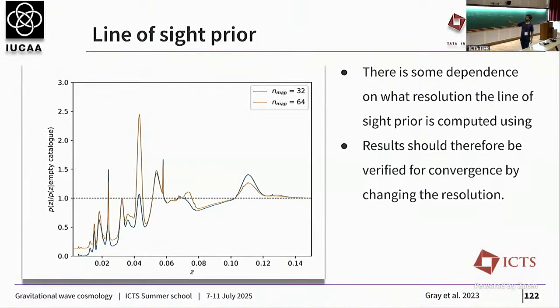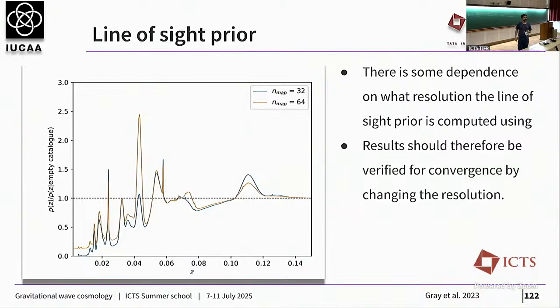One other important thing is that this line of sight redshift prior depends upon the resolution of your pixel. Do you take a really large pixel or a small pixel? An nside of 32 means a bigger pixel, while 64 is a pixel four times smaller.